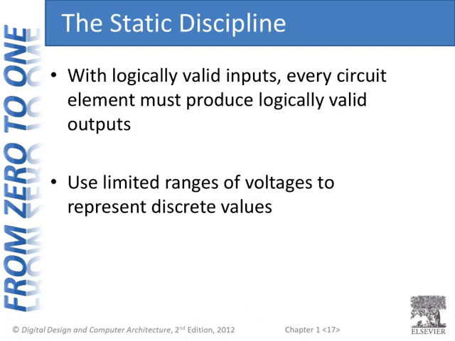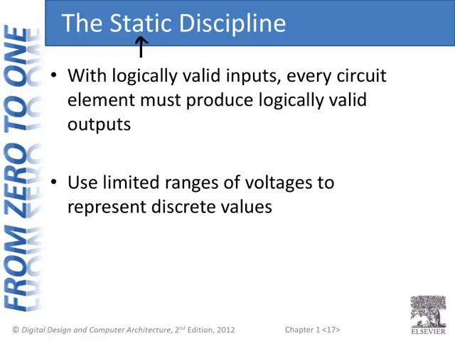And so now this refers to the static discipline. Static means stable, staying at a given voltage. It's not changing. We're interested in when it's reached its final value. So static, or stasis. And the static discipline says, with logically valid inputs, every circuit must produce logically valid outputs.